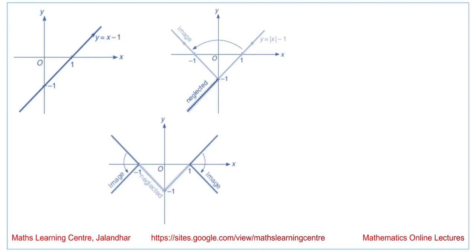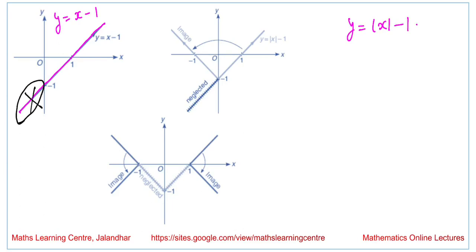Next, suppose the graph corresponding to the equation y is equal to x minus 1 is given. This is the line y is equal to x minus 1. Now if we are plotting the line y is equal to mod of x minus 1, this is the negative portion over here.